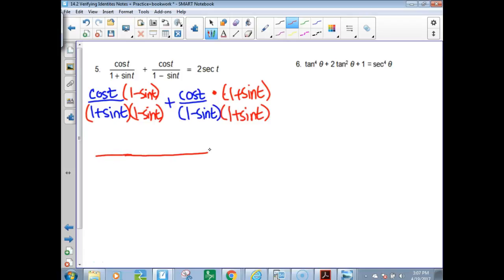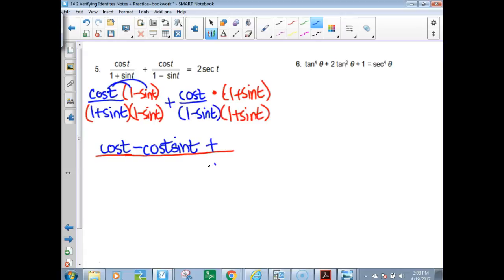What would the distribution be for the first fraction's numerator? Cosine t times 1 is going to be cosine of t minus cosine t times sine t. Plus, yes, it's the same thing. Theta is just a Greek variable.